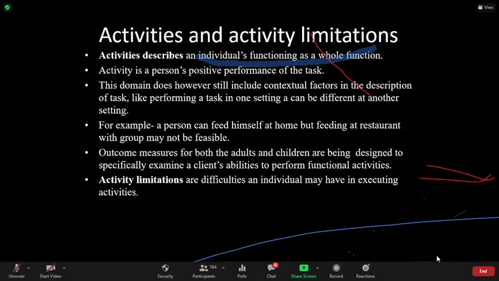But if I only write that this child can't sit, you will imagine he's bedridden, only on the bed. If I write that he can sit with maximum support, then when I send that patient to you, you understand that if I give him some support, or if the parents are there, at least he can sit. That's how important activity and activity limitation are.